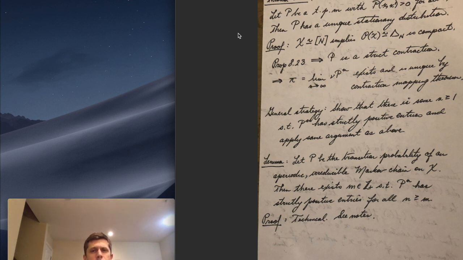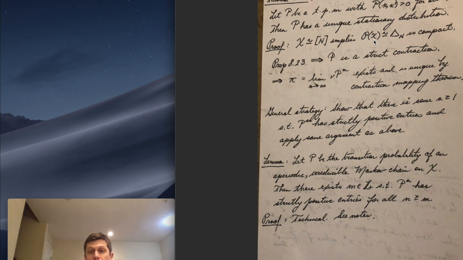And this proof is just a combination of everything we've proven, discussed so far in this lecture. So X is a finite state space, so it's isomorphic to a finite set, the first n integers. Its space of probability measures is in one-to-one correspondence with the finite simplex, the n-1 dimensional simplex, which we know to be compact. We've already shown that the transition probability matrix, since it has strictly positive entries, is a strict contraction.